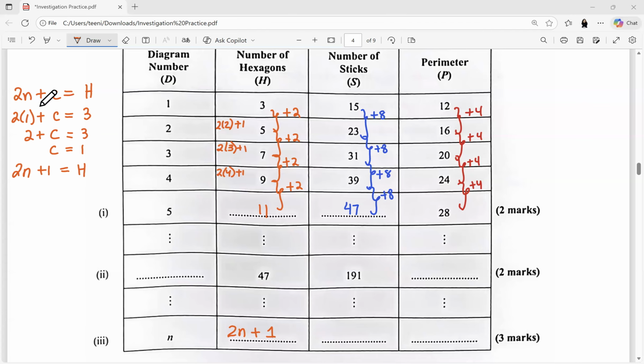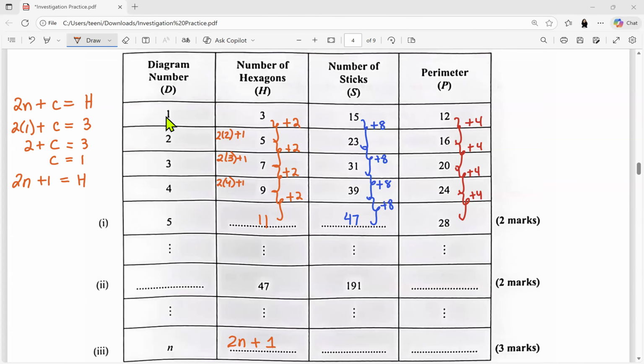We're assuming that is the relationship. So we need to solve for c to come up with that rule. So we take the values from one of the diagrams to see if we could solve for c.